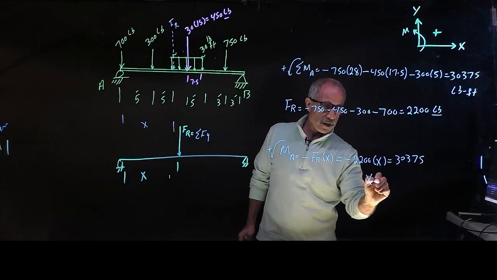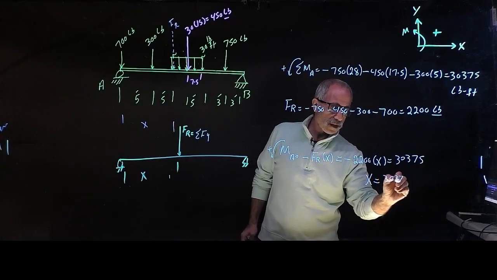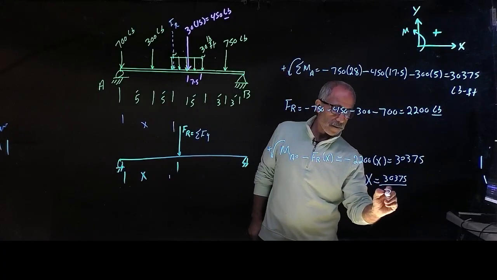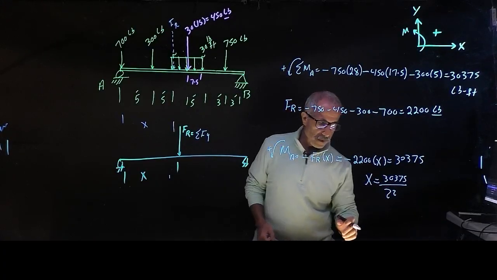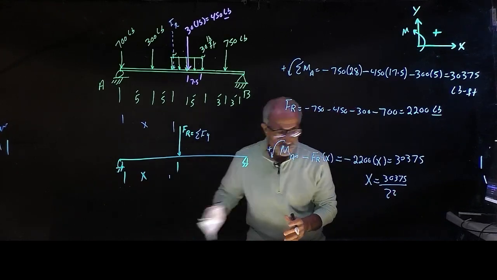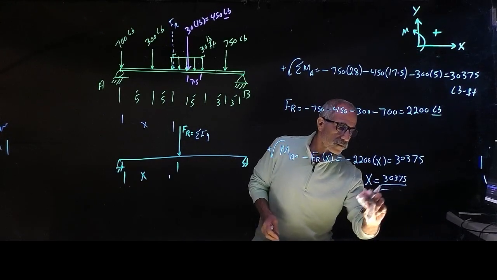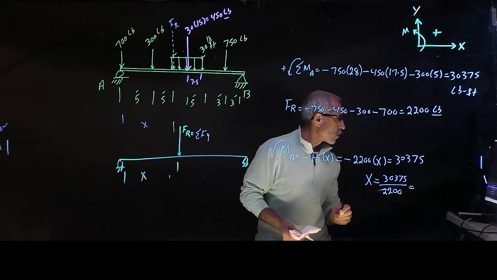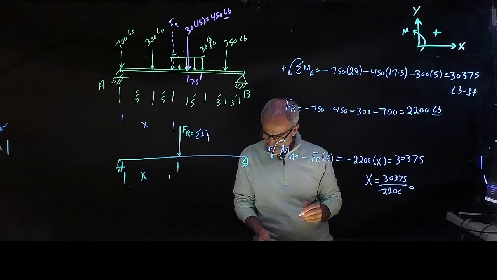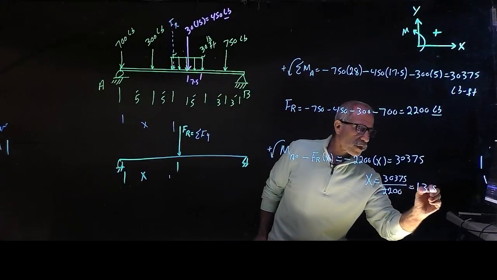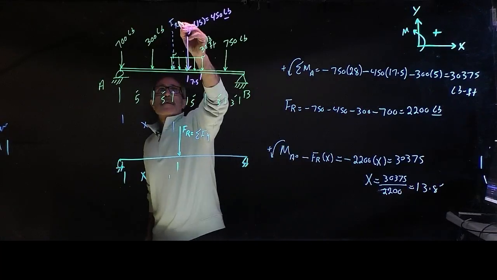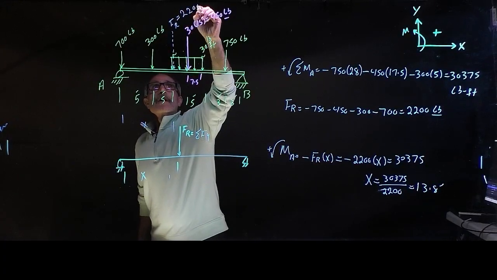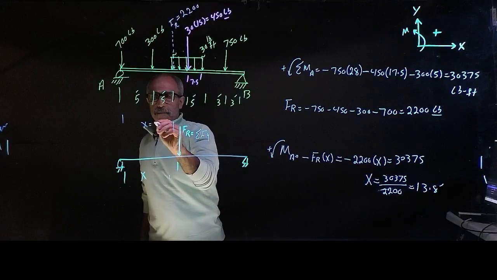And our x is equal to 3375 divided by 2,200, which is equal to 13.8 feet. So this came out to be 2,200, and this x came out to be 13.8.